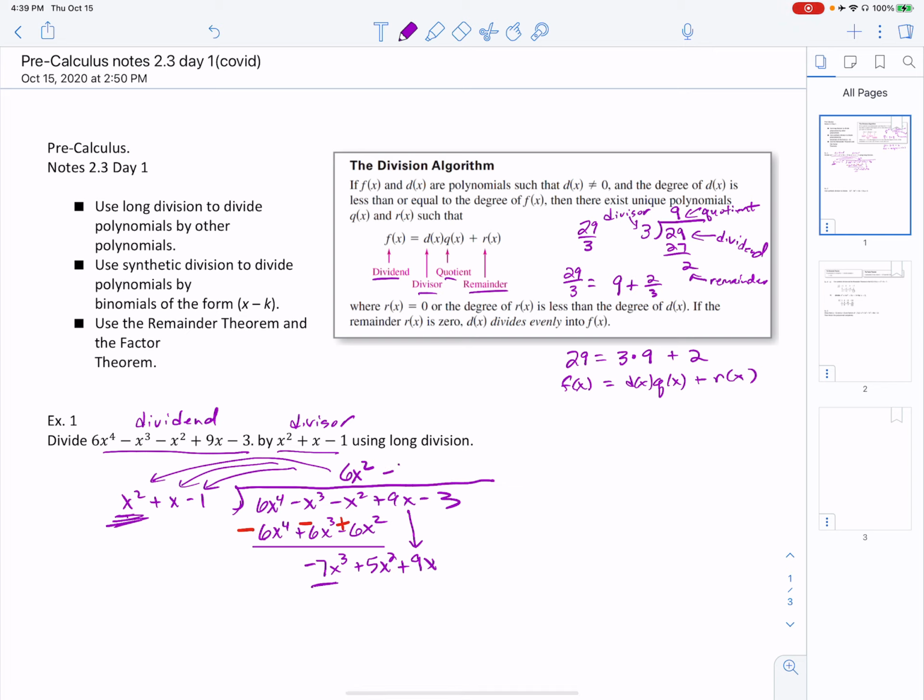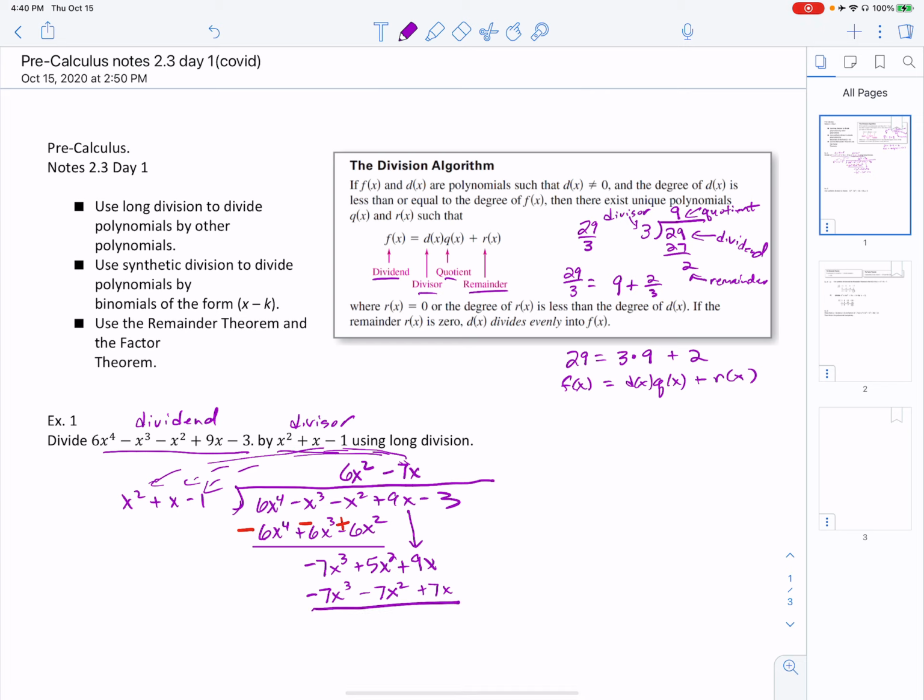And that would be a minus 7x. And then you are going to multiply that negative 7x times each of these terms, getting a minus 7x cubed, a minus 7x squared, and a plus 7x. So I'm just multiplying that minus 7 times each of those.